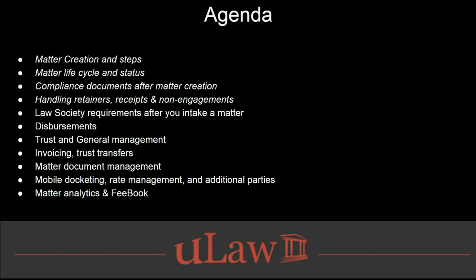We'll also talk about other aspects of matter management and its documentation, including matter analytics and the fee book, which typically shows the outstanding fees or any applicable AR that's pending for a particular matter.